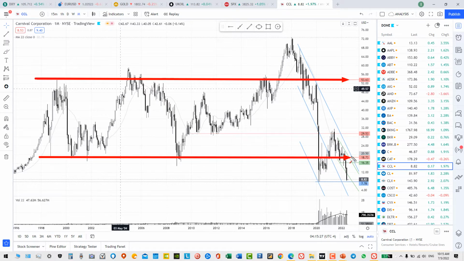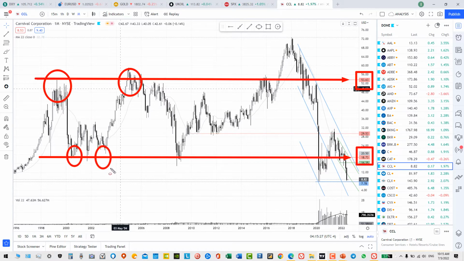Of course, it was a giant sideway between $18 as a support and $54 as a resistance. This time was in the late 90s and in the early 2000s.